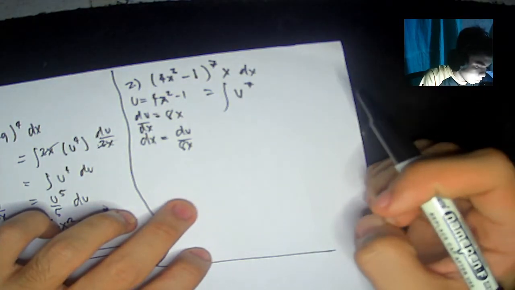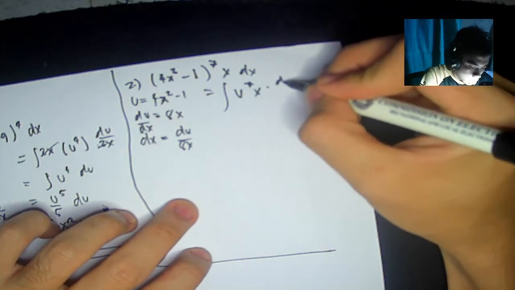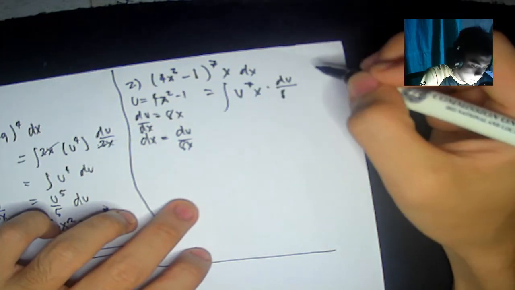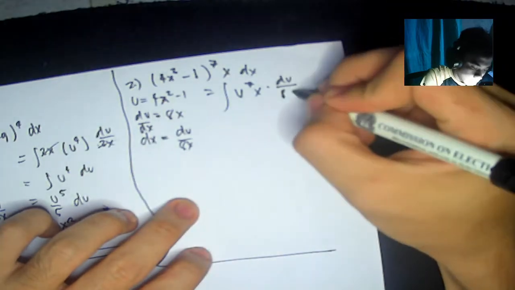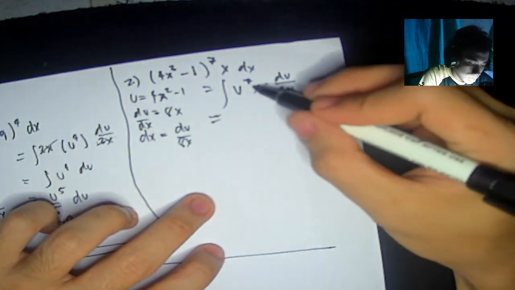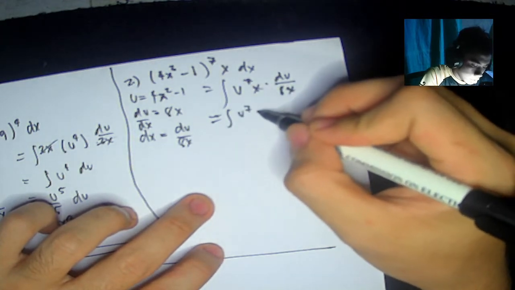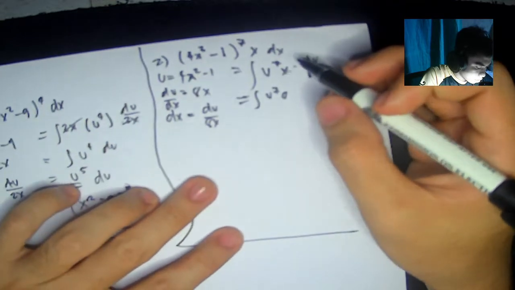So we'll have x times du over 8x. In this case, you can just cancel this x. So you're left with u to the 7th du over 8.